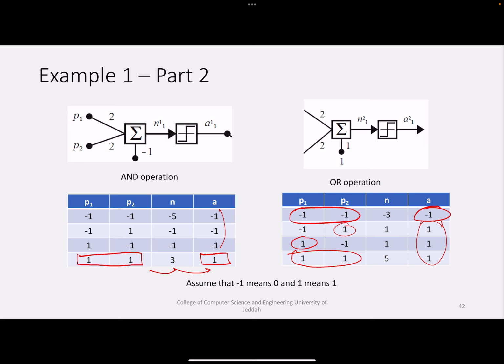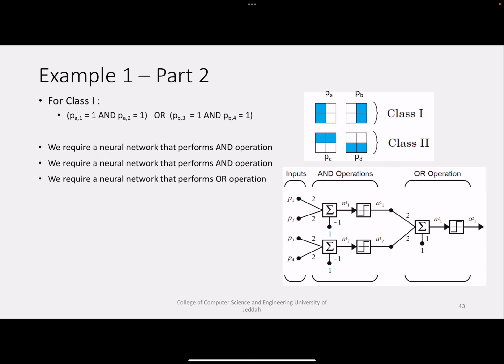And if you want to put these gates together in the form of a whole network, this is what that'll be. This is the AND operation for class 1. I have another AND operation between P3 and P4, also for class 1. If either of these sends us a 1, then the OR operation being performed in the second layer will output a 1. If it's not a 1, it'll be a minus 1.